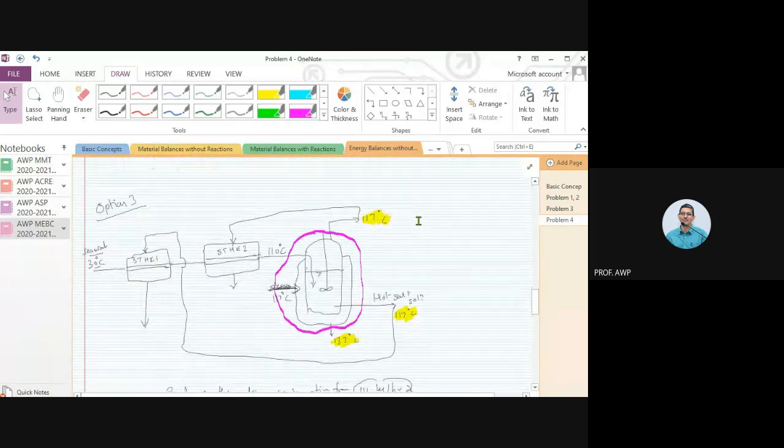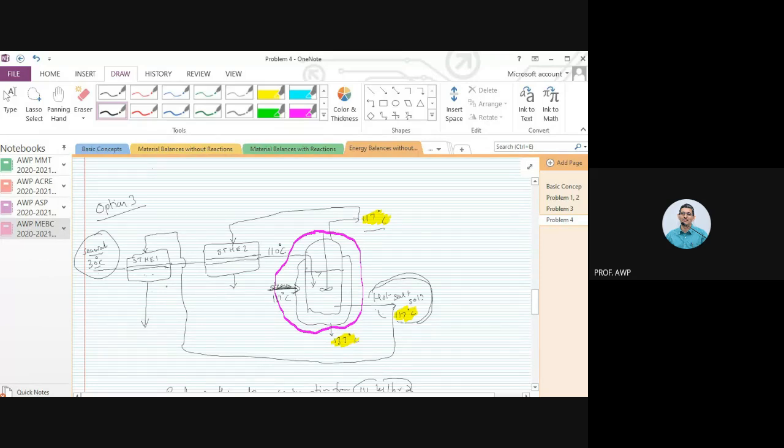Option 3, we are reusing the heat going out with water vapor. We are reusing the heat going out with the hot salt solution, because anyway that hot salt solution we have to cool to crystallize out. So it's a win-win situation. I need to heat the seawater and I need to cool the hot salt solution. So I'm doing both things in one heat exchanger, by exchanging heat.